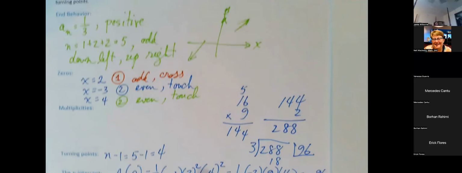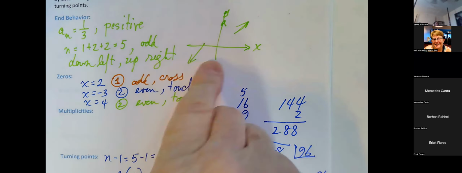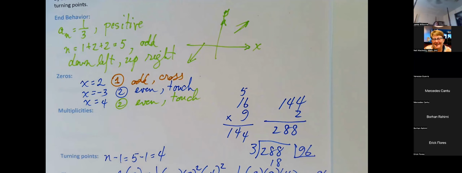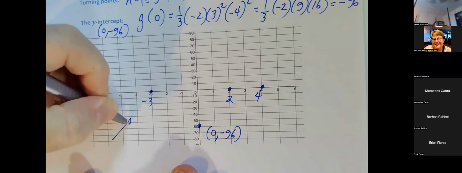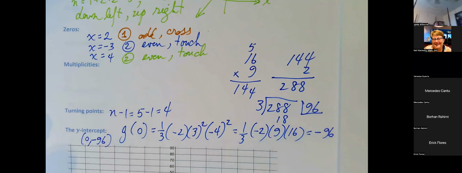What is the end behavior on the far left? It would be coming from the bottom, going upward, so that tells us where we come from. At negative 3, we touch.